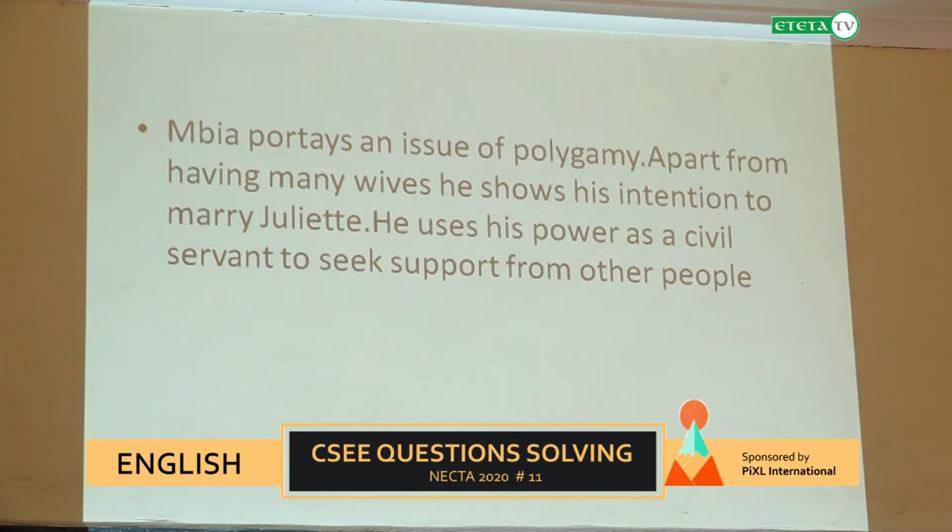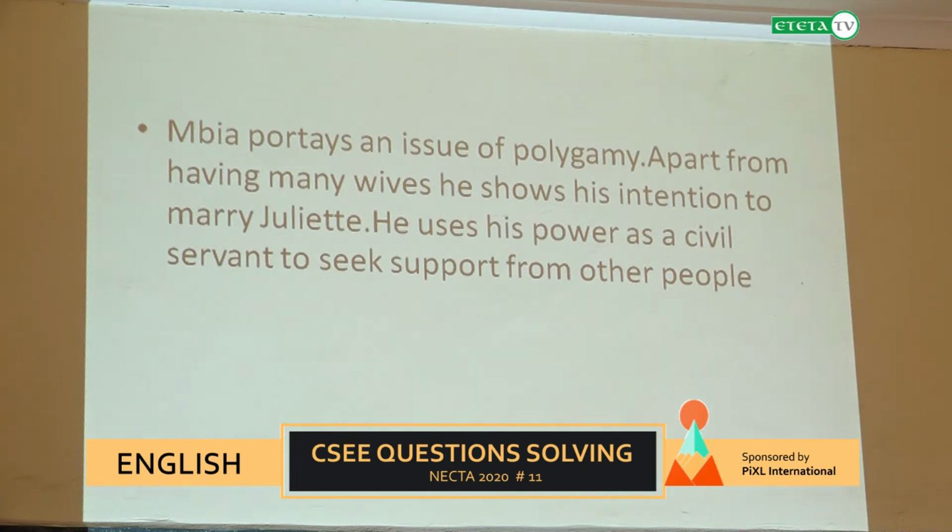That is polygamy. There is a character, Mia, the issue portrayed is polygamy, and how: Mia shows the intention of marrying Juliet. He uses his power as a civil servant to get support from other people. That's all about this point.